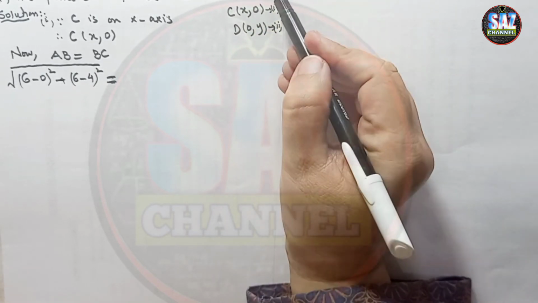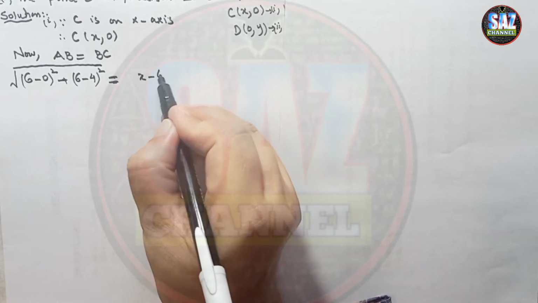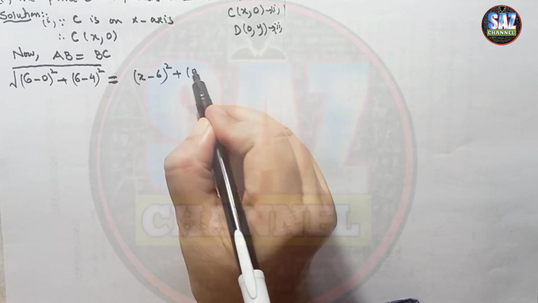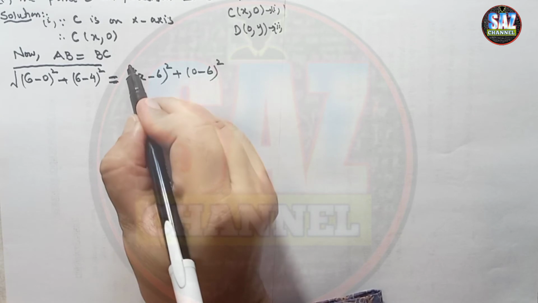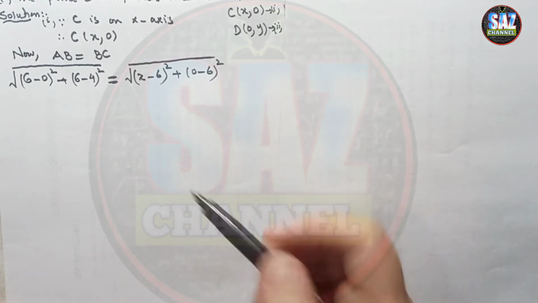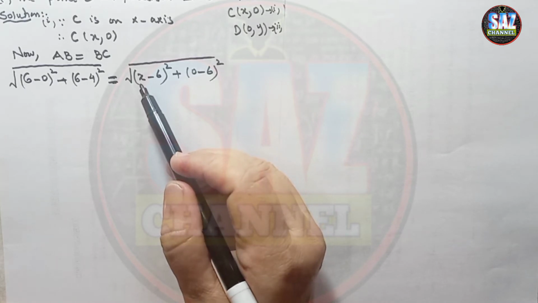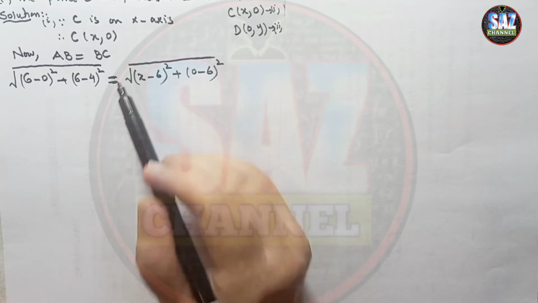Okay, x2 minus x1, x minus 6 whole square, plus 0 minus 6 whole square, and square root. Now we can see that the letter that we want to find is under the radical sign, under the square root sign. So in order to get the value of x, I have to remove this square root sign.